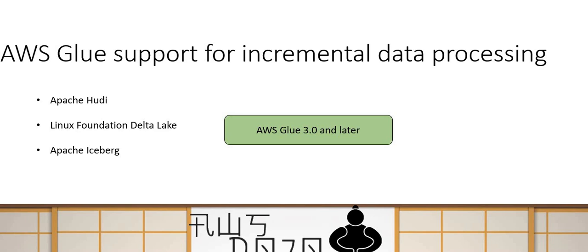The Glue version has to be 3.0 or later. But today I'm going to talk about Apache Iceberg only. I'm planning to create two more tutorials where I can cover Hudi and Delta Lake as well, because if I try to cover that here, the video will become very long. So I will create two other tutorials talking about Hudi and Delta Lake.